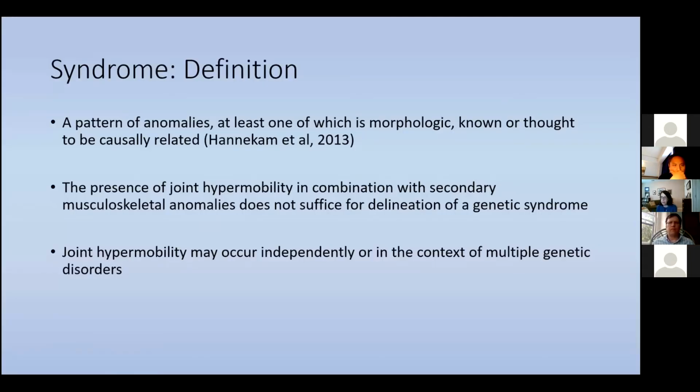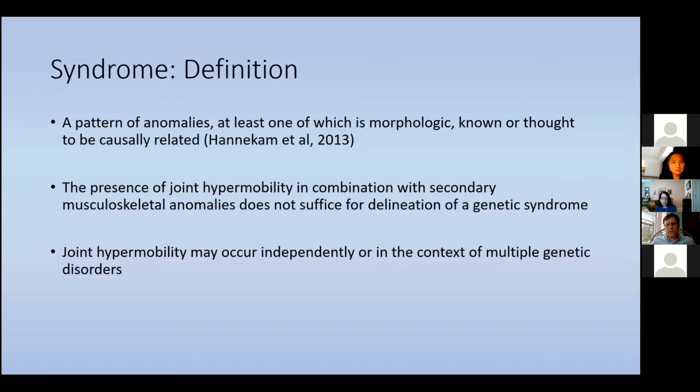Now, when we think about syndromes, Hannigan et al. defined it as a pattern of anomalies, at least one of which is morphologic, that are thought to be causally related.